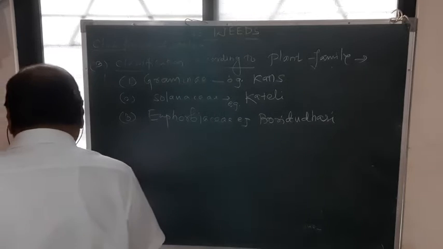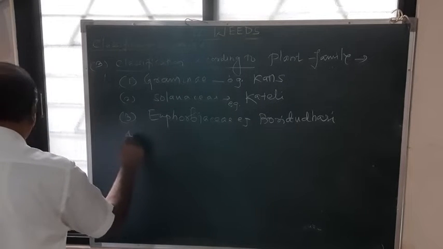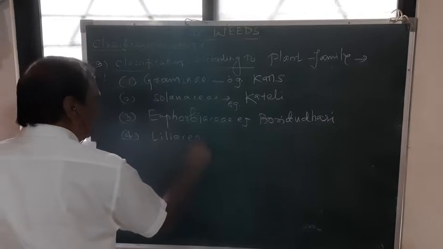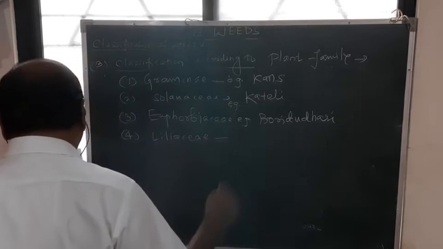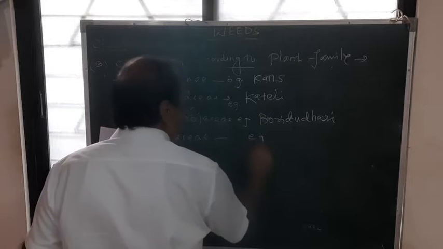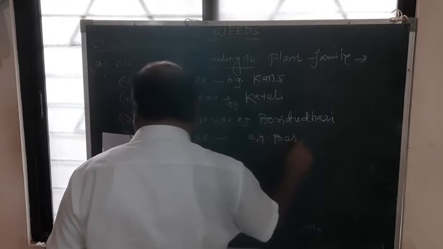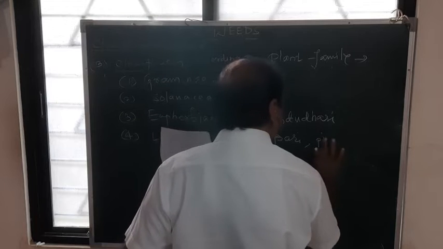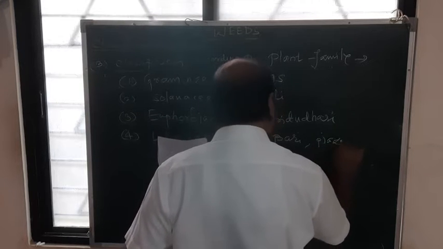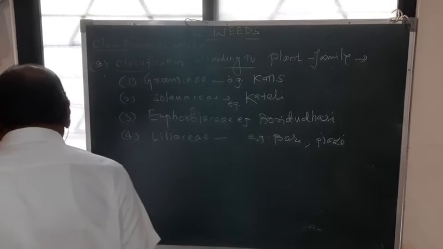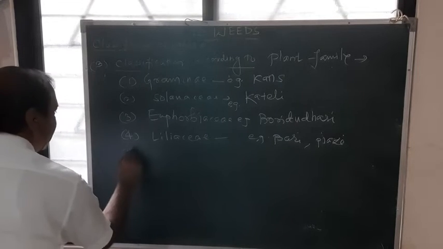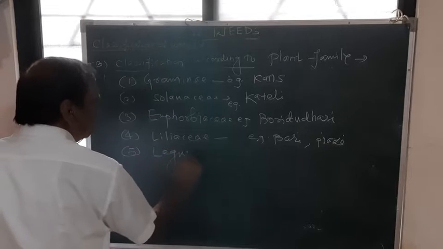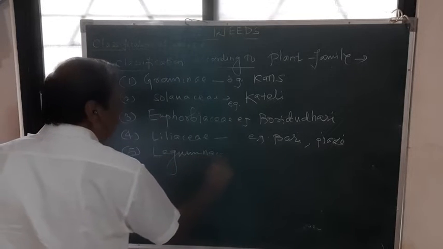Then the fourth type is the family Liliaceae. Example is Bari. And the next, fifth, is the family Leguminaceae.